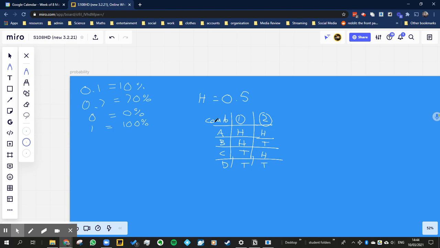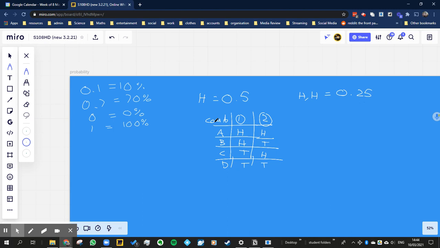So there are 4 different combinations I could have got. They're all just as likely as each other, so the probability of me getting head followed by head is 0.25, or 1/4.